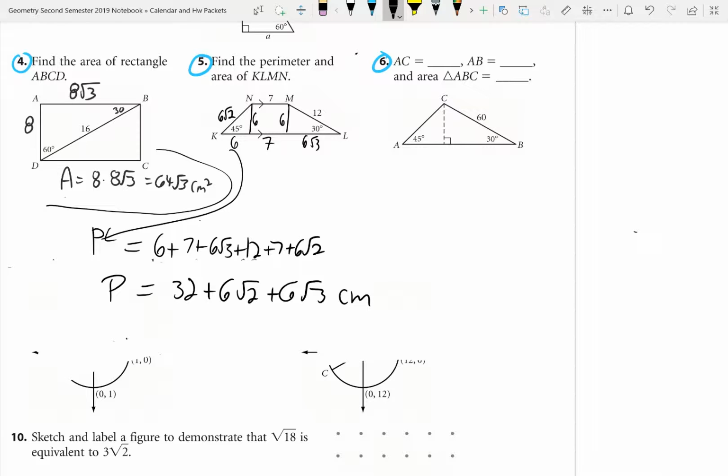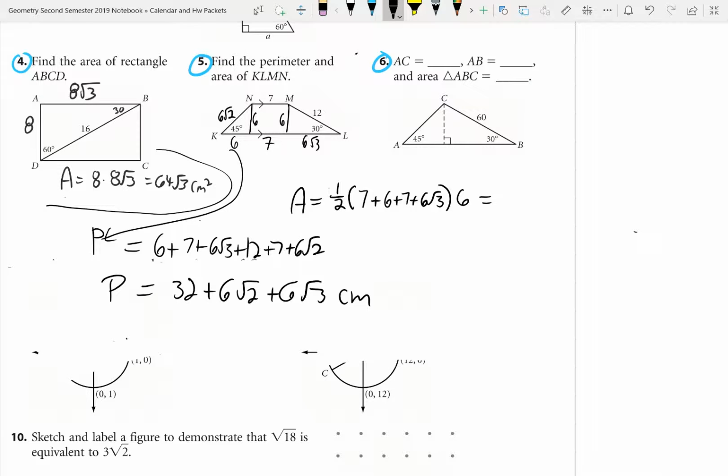Now for this, to find the area, you can divide it up into 2 rectangles, or 1 rectangle and 2 triangles. But it's also a trapezoid. So you can just do the area as 1/2 times, you're going to add the bases together, and then multiply by the height.